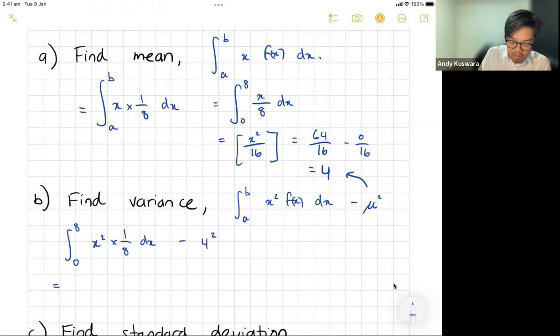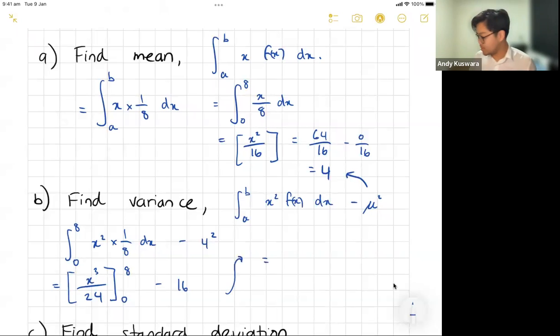If I calculate that, that becomes x cubed on 24, because I raise it to the power and then divide by the new power. So 8 times 3 is 24, so I'm dividing by that 24, going between 0 and 8. And then once I've done all of that, I take away 16. Where's my calculator? Oh, it's right here.